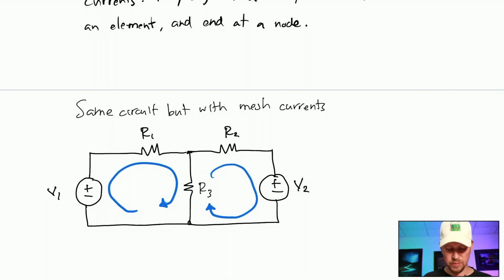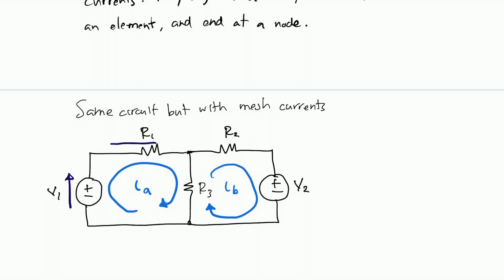And within these meshes, we can actually define mesh currents, right? So here, I'm going to define IA flowing through there, all around that mesh, and IB flowing around that mesh. Now, I made this kind of circular path, right? But keep in mind that this itself is kind of shorthand for currents flowing in the following manner. We do have a current IA flowing through there, flowing through there, flowing through this wire, and it's also flowing through this middle section.